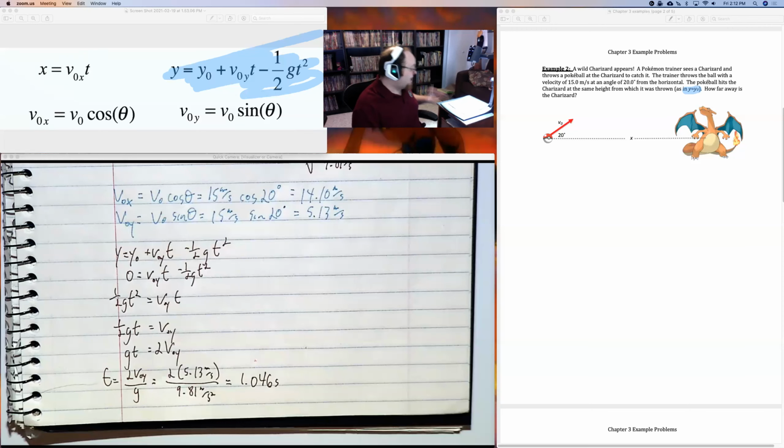But anyways, that's how long the Pokeball is in the air. I should have grabbed a Pokeball from downstairs. That's how long it takes to go up and over. Now that we know how long it's in the air, we can say how far it moves in X, just like my car in the last problem.